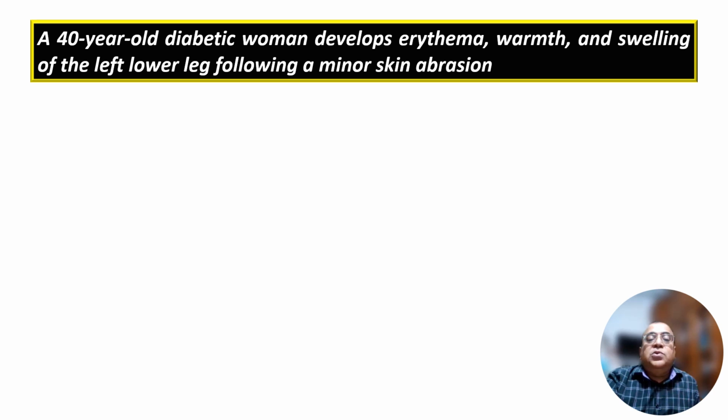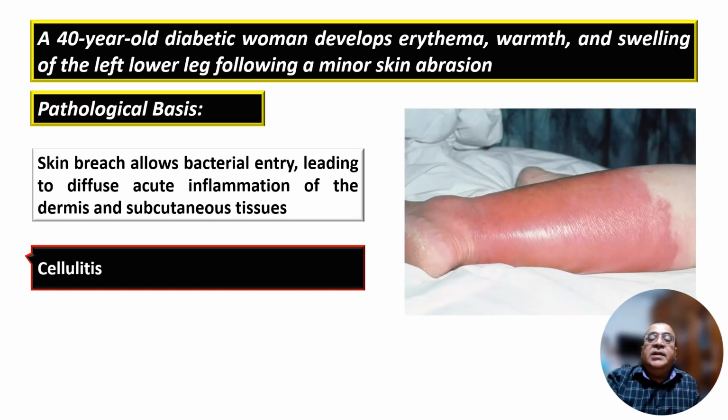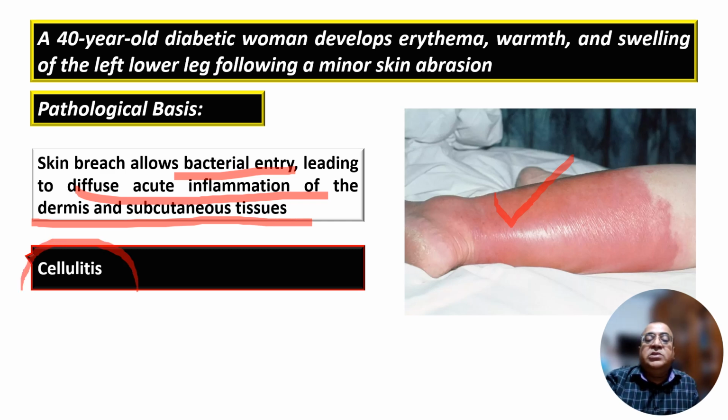A 40 years old diabetic woman develops erythema, increased temperature and swelling of the left lower leg following a minor skin abrasion. The pathologic basis for this condition is skin breach that allow entry of the bacteria, and there is diffuse acute inflammation of the dermis and subcutaneous tissue, and the condition is termed as cellulitis.